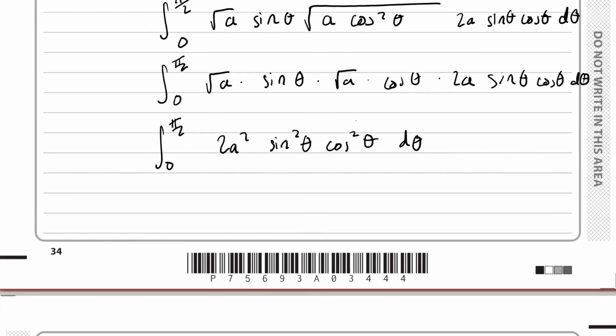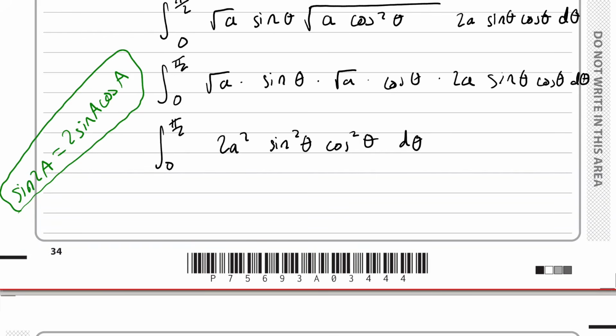So sine 2 theta, that's another rule. Sine 2a is 2 sine a cos a. I've got 2 sine a cos a, haven't I?